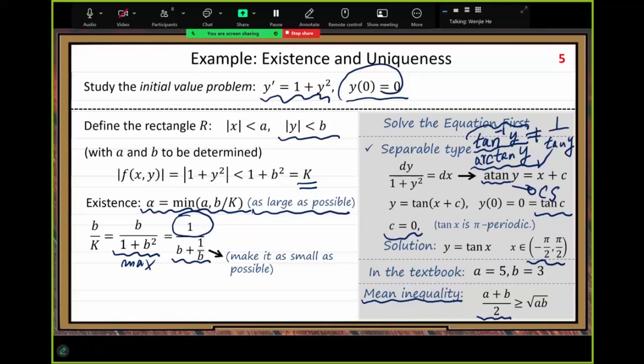But for this mean, you may have different definitions. One definition is arithmetic: this a plus b over 2 is the arithmetic mean. Another mean is the geometric mean, the square root of a times b.